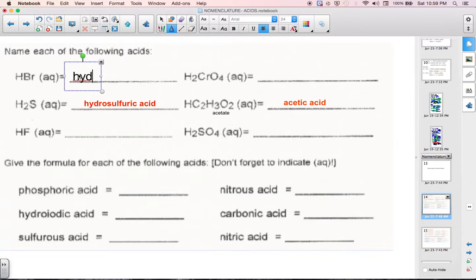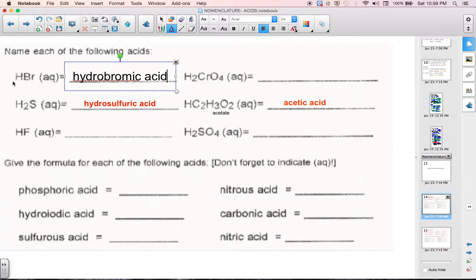So I'm going to put that first, hydro. Then I have to remember Br is bromine, so I'm just going to use BROM. And then I know that the ending has to be IDE for the original ion, but I have to end in ic acid for my acid naming, since this is an aqueous form.